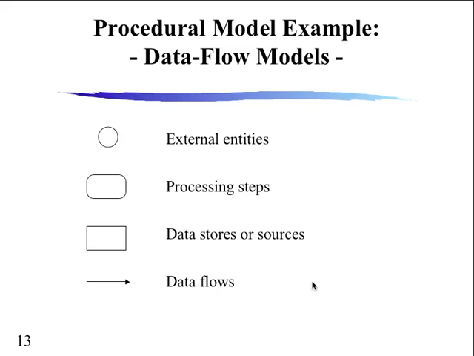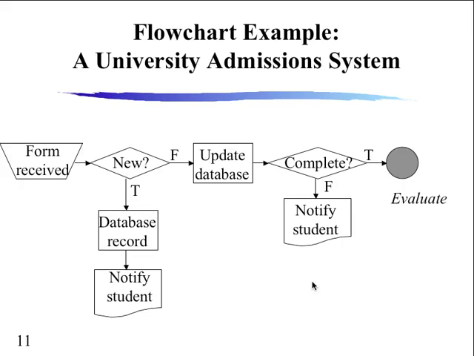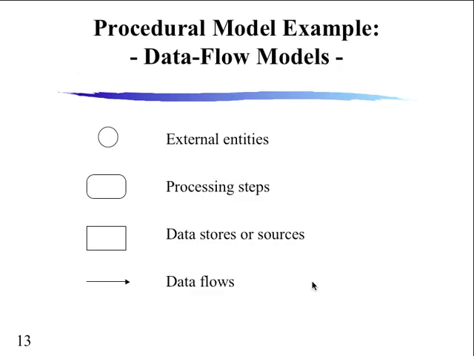Alright, so if we're not doing procedural, we could do, and this is the interesting thing, the data flow model, which is now talking about processing. Data flow is talking about data manipulation, data changes. And the data itself sometimes falls into a procedural model category.